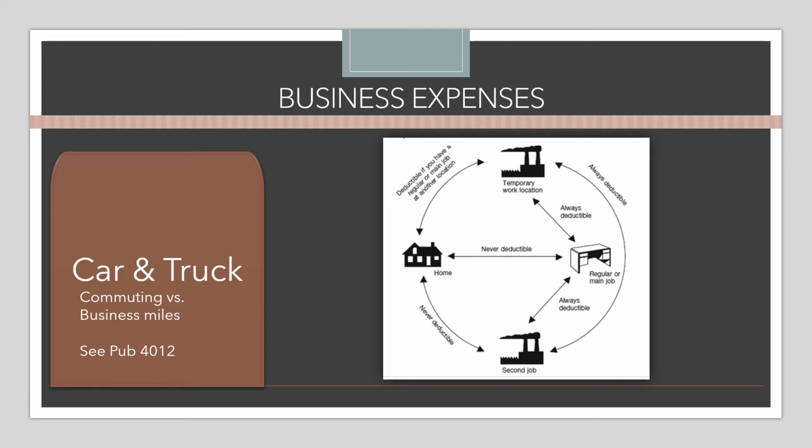However, some of our clients might be going to several locations during the day. They might not just have one place of business, in which case it gets a little more complicated. But generally speaking, the mileage from their home to the first place that they go is considered a commute.